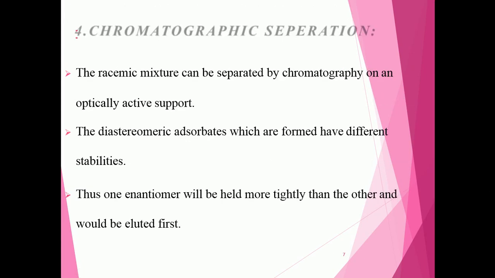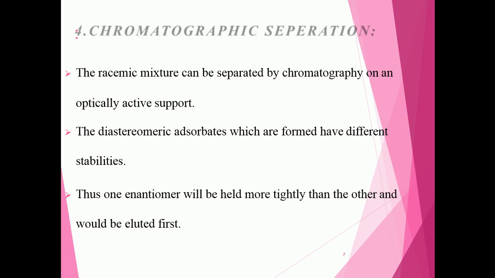Next is chromatographic separation. As we all know, chromatography is a process of separation. Two phases are involved, stationary phase and mobile phase. Here the stationary phase is silica, and silica is optically active. And remember one thing, enantiomers have the same chemical properties except in their behavior towards any optically active reagent.